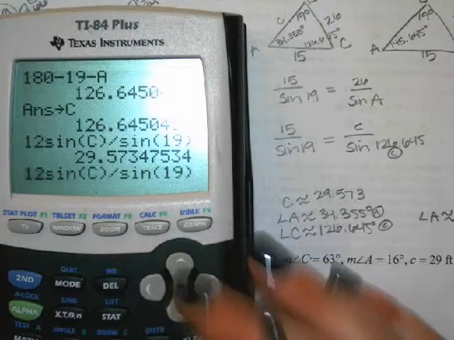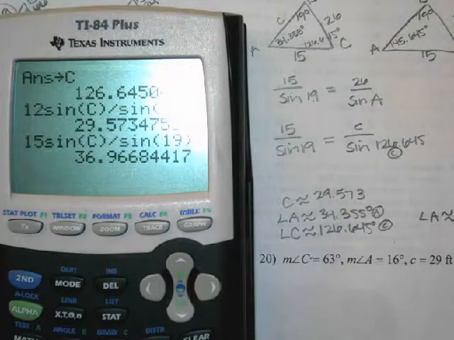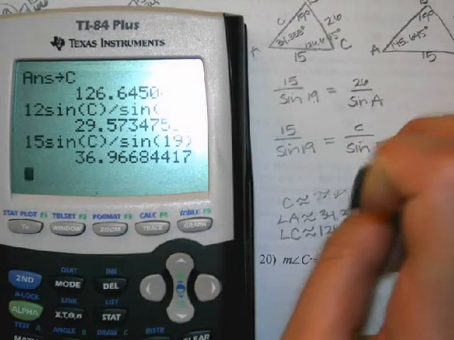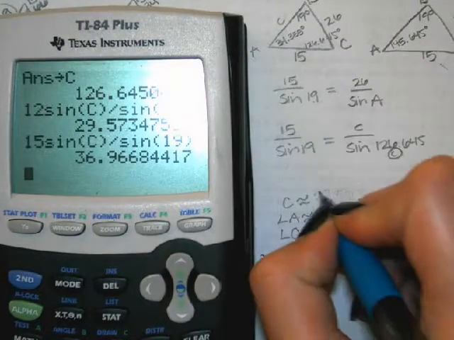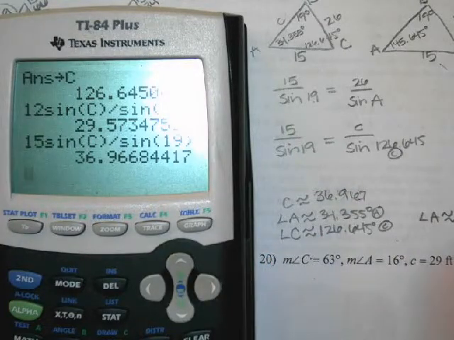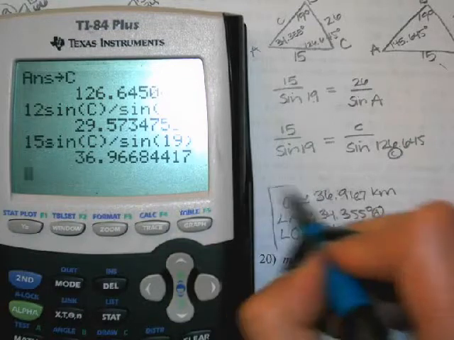Let me go fix that. 36.967. And then what are the units? Kilometers, because it's a side length. Okay, so there we solved the first triangle.